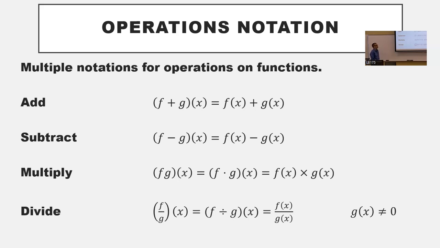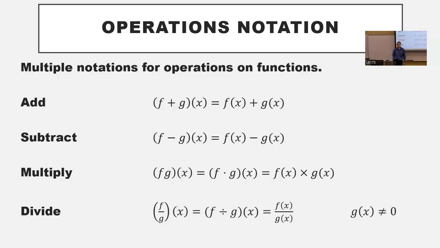Usually when we divide functions, we write something like f divided by g as a fraction in that first case here. You can use the division symbol, that's less likely, but it's just the output of f divided by the output of g. Now, the one thing we have to worry about when we divide is dividing by 0. So this is defined so long as our denominator is not 0.